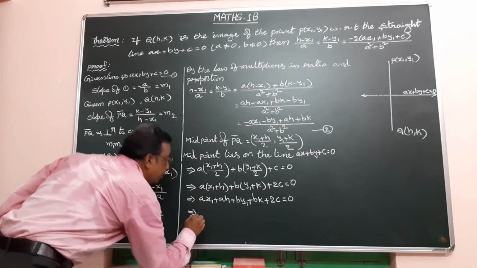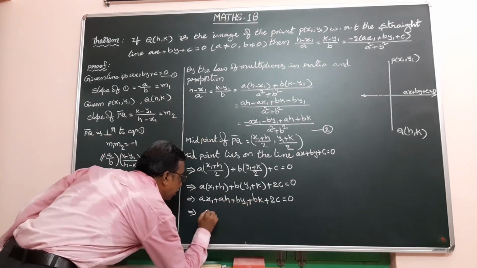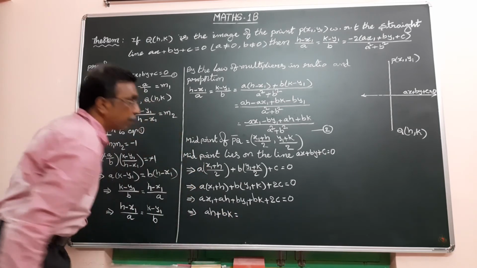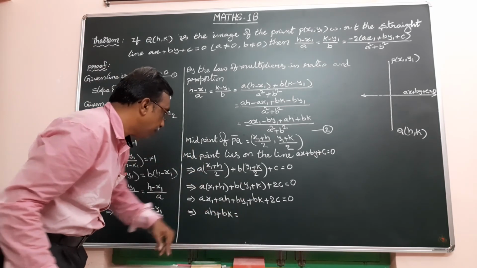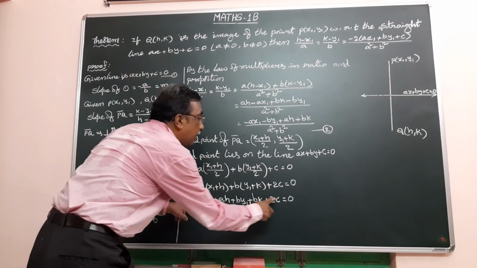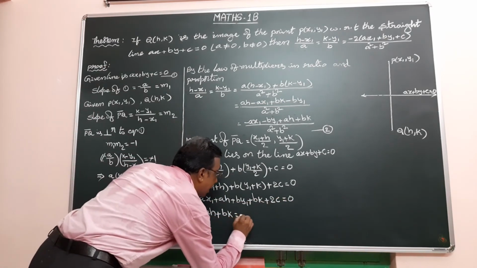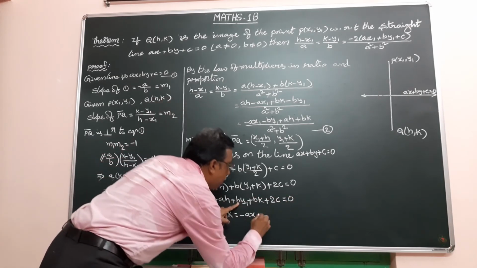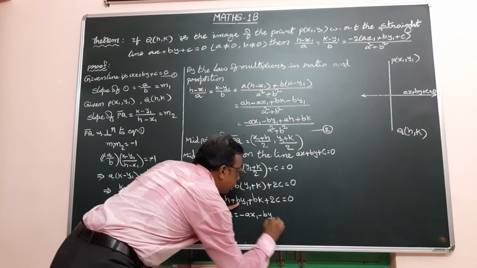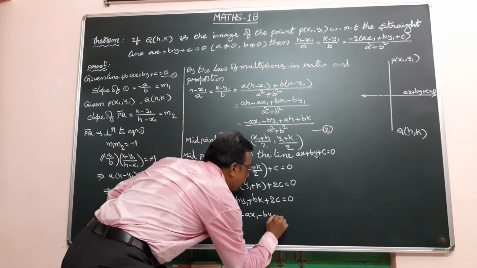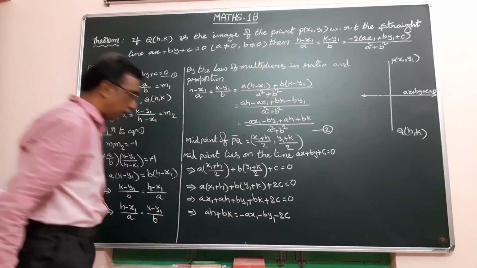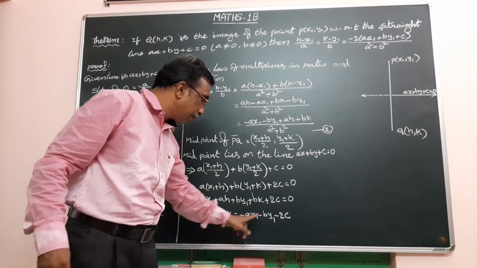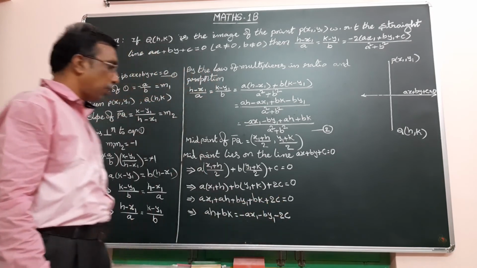That implies ah plus bk equal to minus ax1 minus by1 minus 2c. What is the ah plus bk value? Minus ax1 minus by1 minus 2c.